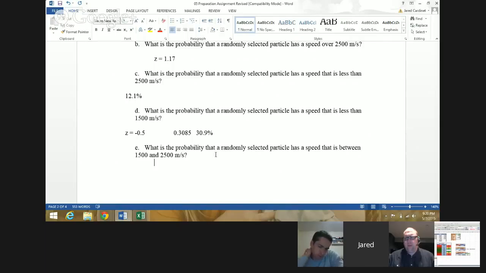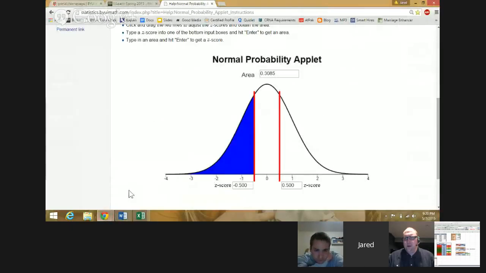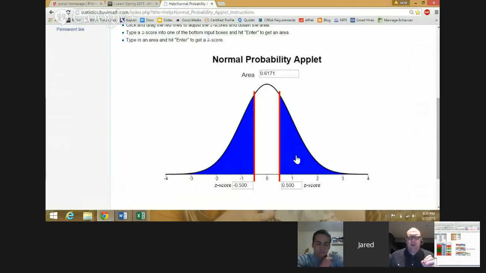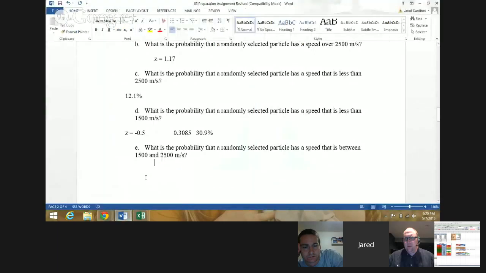I think you just subtract them, since it wants the speed between the two, and we have what's less than 2,500 meters per second and less than 1500. So we just need to find the difference. Oh, okay, yeah, that's right. So that would be 57%. Right? Yeah.